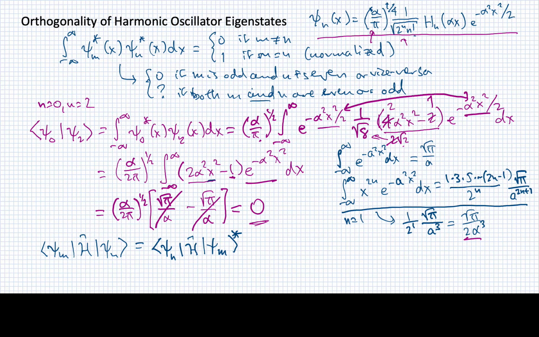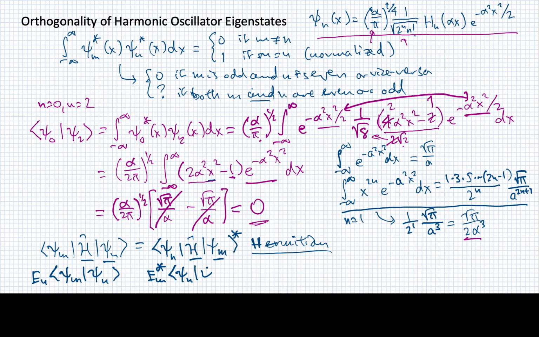So this is what it means to be a Hermitian operator. Okay, if this is true, well, I can operate the Hamiltonian on this function, which would give me a factor of E sub n, and leave me with the overlap between these two eigenfunctions. If I operated this Hamiltonian the other way, then I'd get a factor of E sub m star with this overlap.